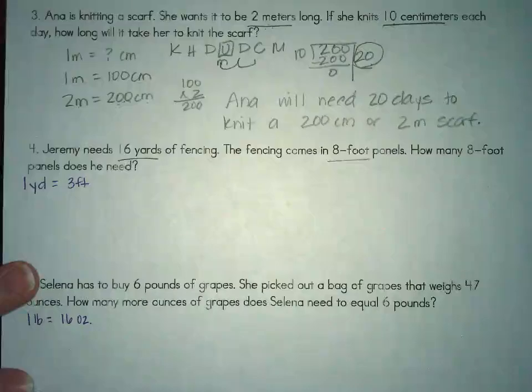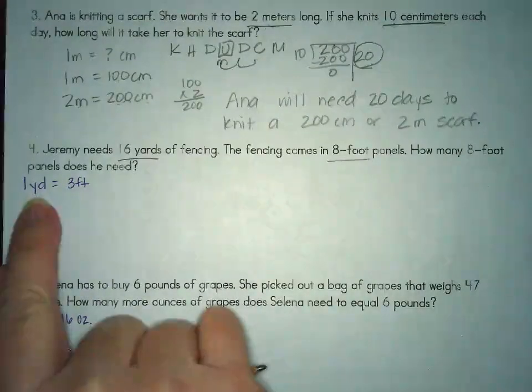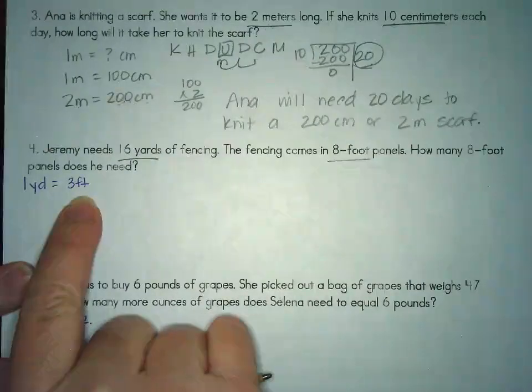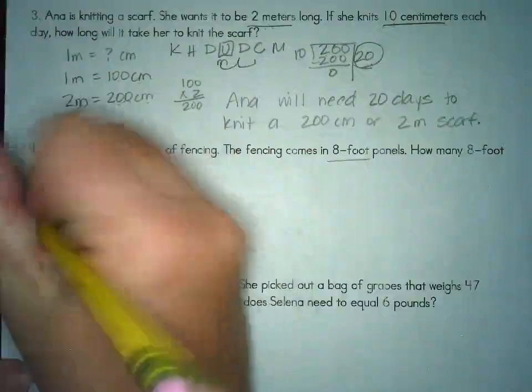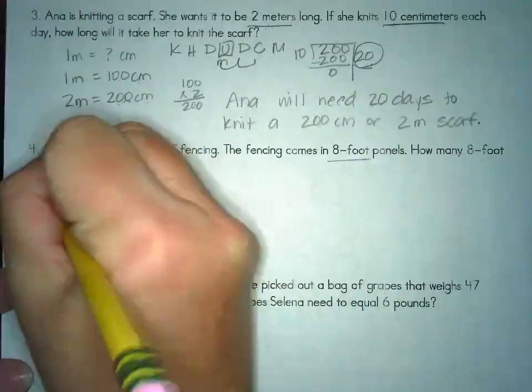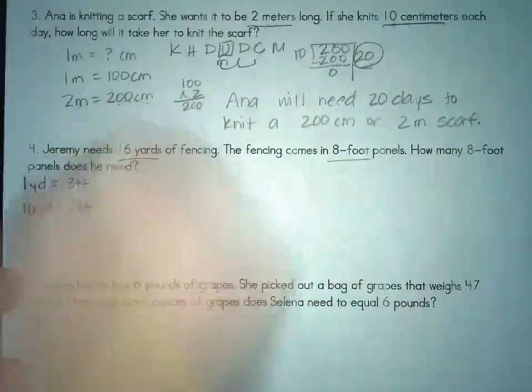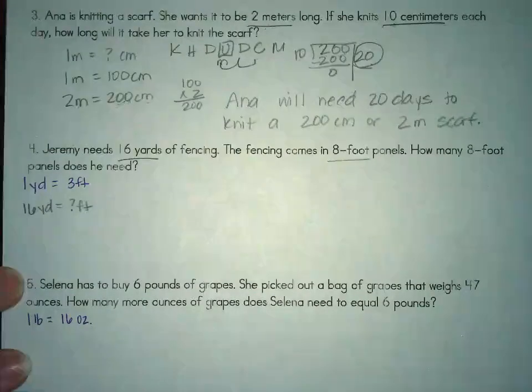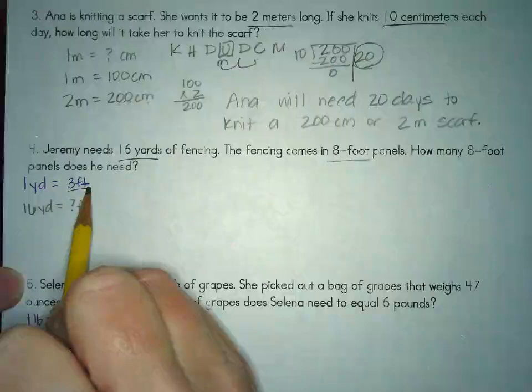So we're back to the customary units of measurement. And I have a key right here that says 1 yard equals 3 feet. So what I need to figure out first is how many feet 16 yards equals. Okay? So this tells me what I'm going to multiply by.